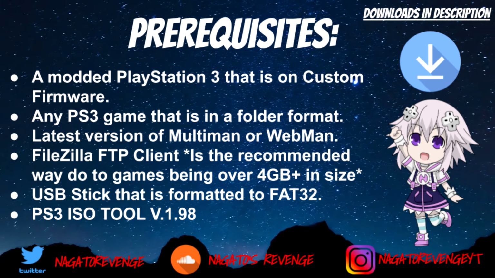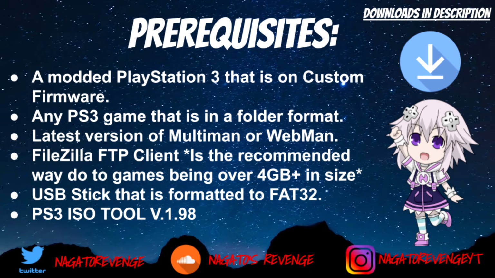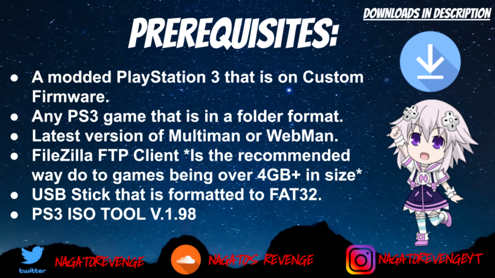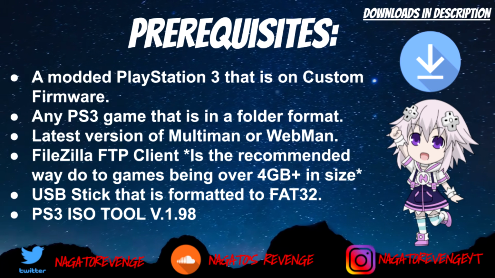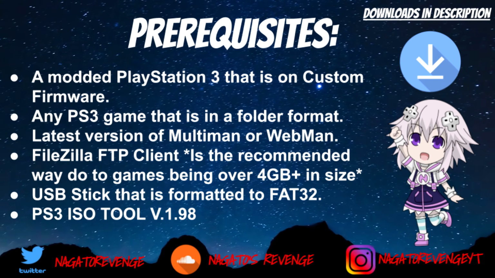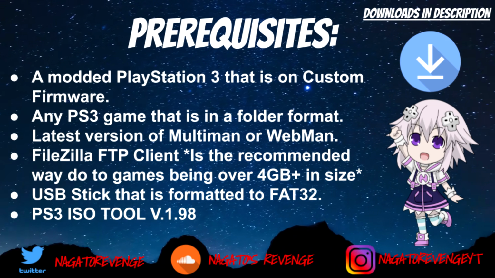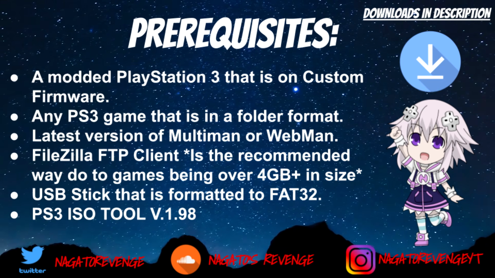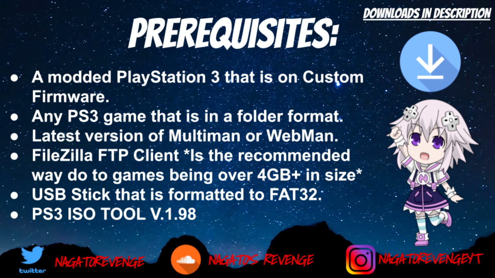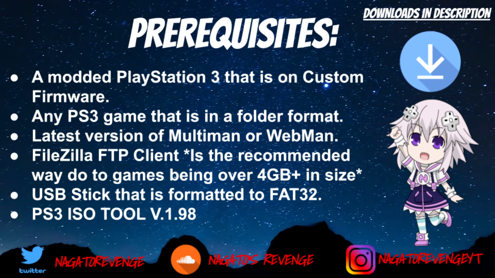As well, you need a USB stick that is formatted to FAT32 if you don't have Multiman already installed on your PS3. If you do have Multiman, you can skip that step. If not, just follow along with that process. And last but not least, you need PS3 ISO Tools version 1.98, which is basically an exe on your Windows PC that converts the folder to an ISO file, which is the whole purpose of this video.